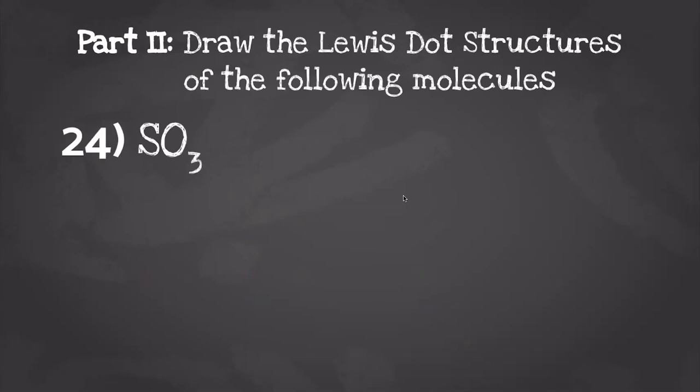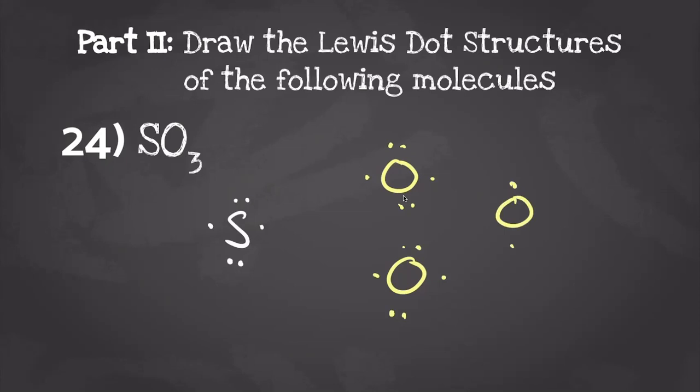Here we have sulfur trioxide, which is going to be similar to our other problem, but now we have an extra oxygen to throw into the mix. So sulfur has 6 valence electrons, and each oxygen is going to have 6 valence electrons as well. So we can tackle this problem very similar to how we tackled sulfur dioxide.